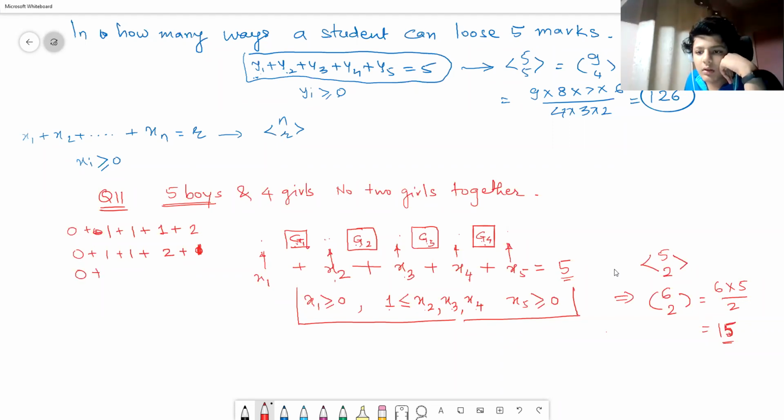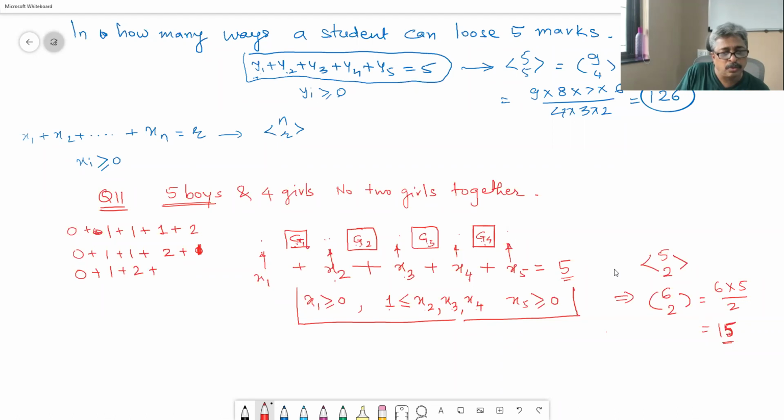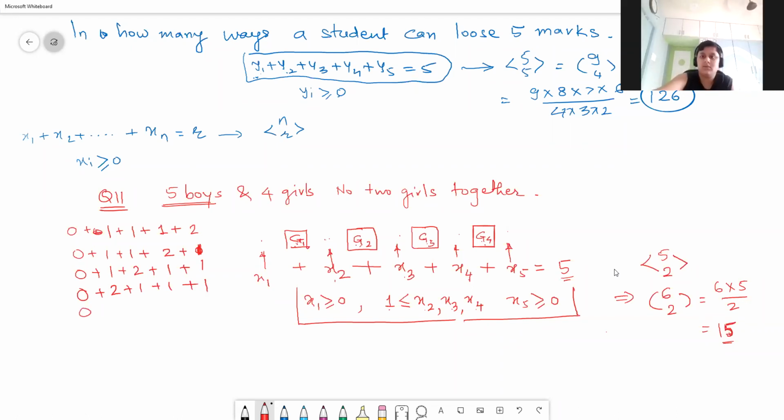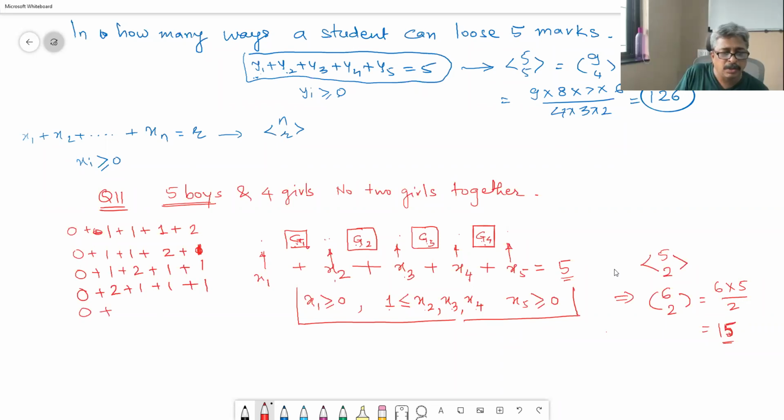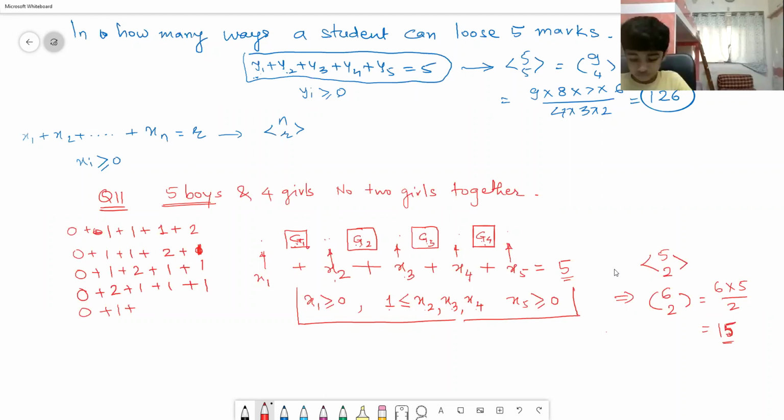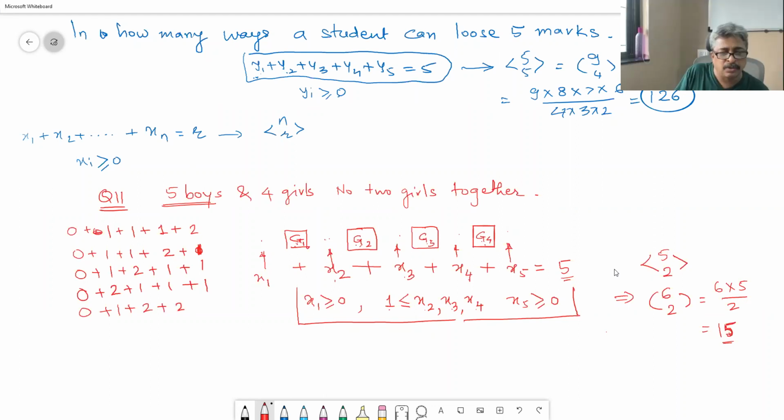So 0, 1, 2, 1, 1. 0, 2, 1, 1, 1. That makes 4. Now, what will be the next number? 2, 1, 1, 1, 1, 0. And 0 plus 1 plus 2 plus 2 plus 0.